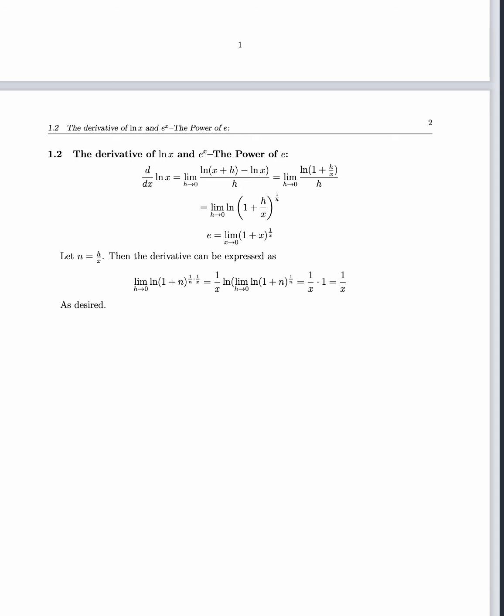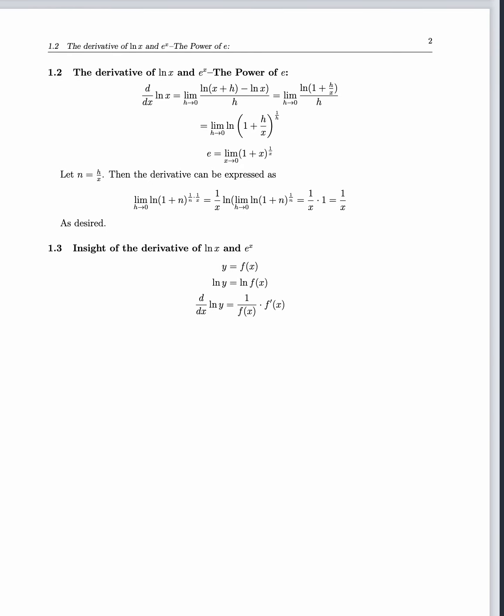Taking the derivative on the left, you get 1 over y times dy over dx, which is equal to f prime of x times 1 over f of x.